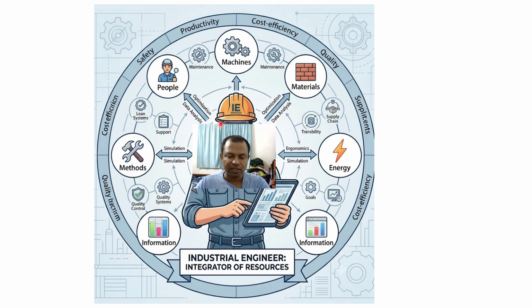So these are the various activities to be performed by the industrial engineer to make the industry and the production more efficient and effective without compromising quality and safety of the people around him. So this is the introduction lecture of the subject industrial engineering.